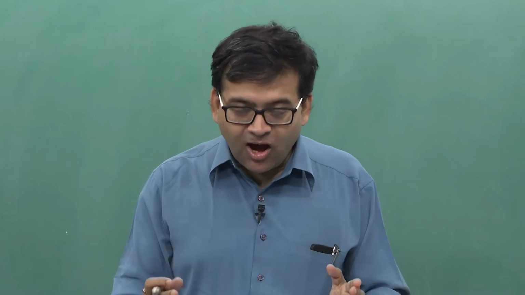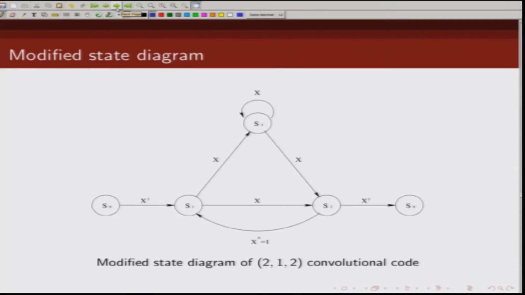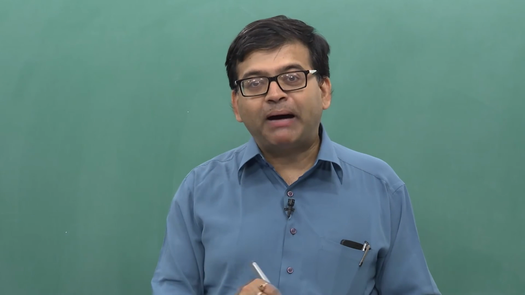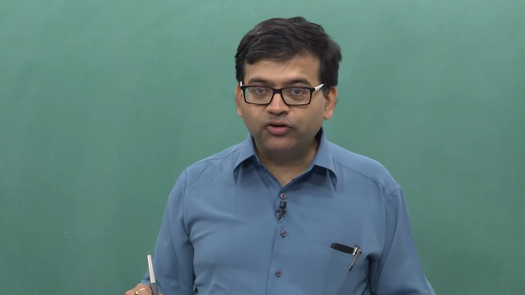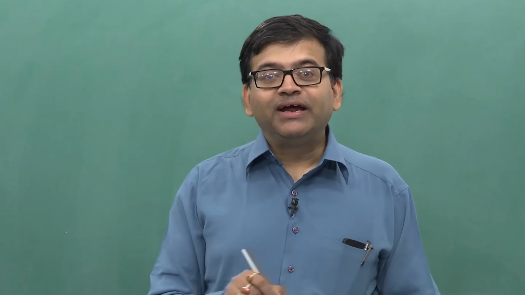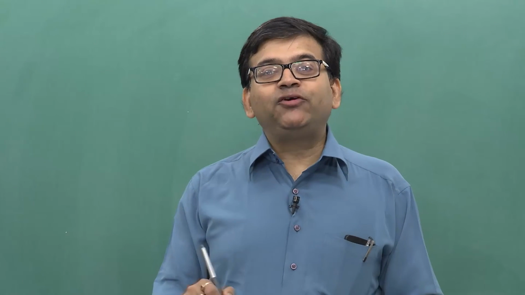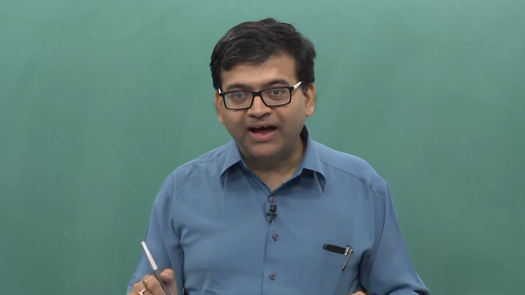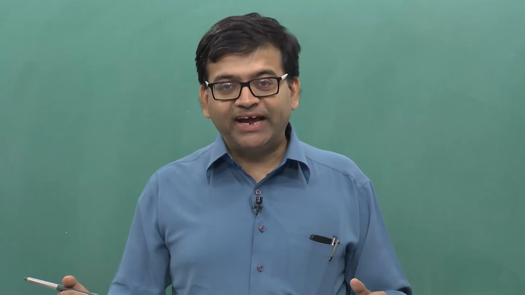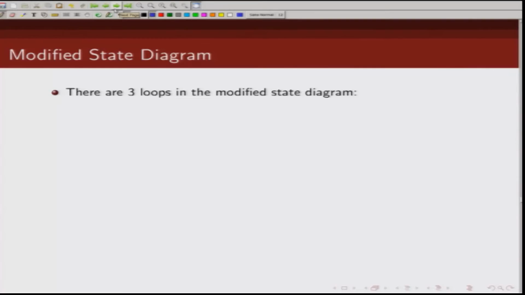Now, the next step is we need to find out what are the forward paths, what are the loops, what are the non-touching loops, and then we need to find the path gains along those forward paths. We need to find the deltas corresponding to these forward paths, and then apply Mason's gain formula to get the weight enumerating function. First, we find out what are the loops. There are 3 loops in this.